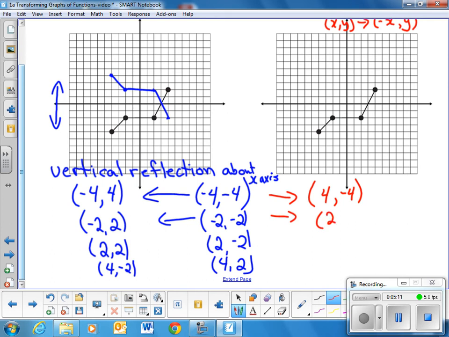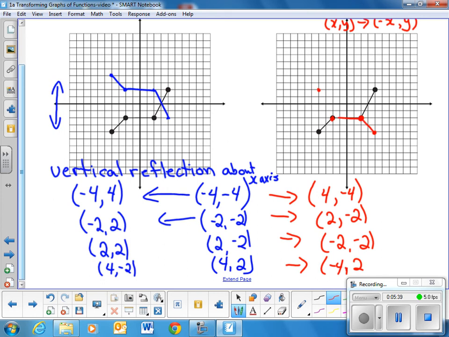So we end up with 4 and negative 4, 2 and negative 2, negative 2, negative 2, and finally negative 4 and 2. Graphing those, 4, negative 4, 2, negative 2, negative 2, negative 2, and negative 4, 2.